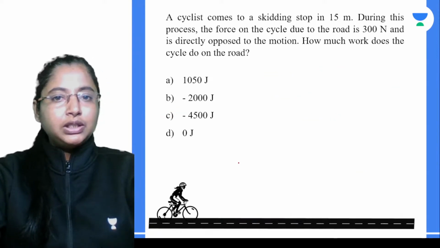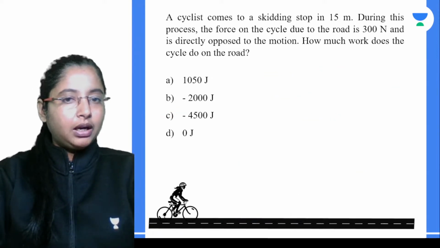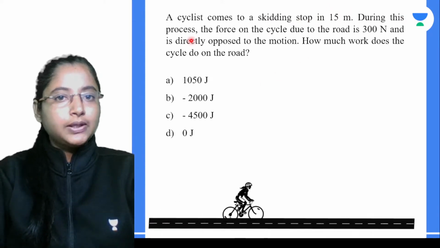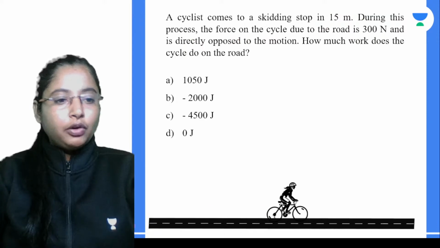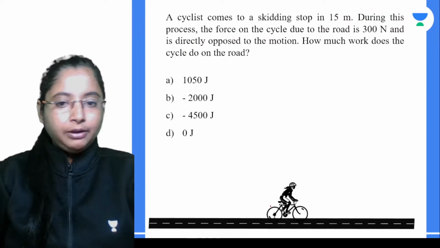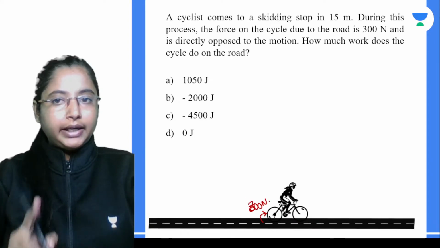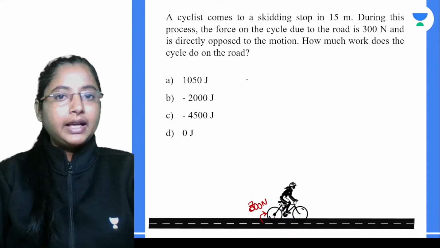Next simple question, same question. The cyclist comes to a skidding stop in 15 meters. During this process, the force on the cycle due to the road is 300 Newton. Now how much work does the cycle do on the road?